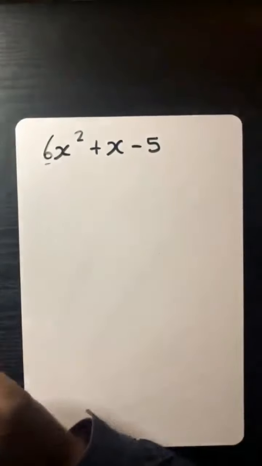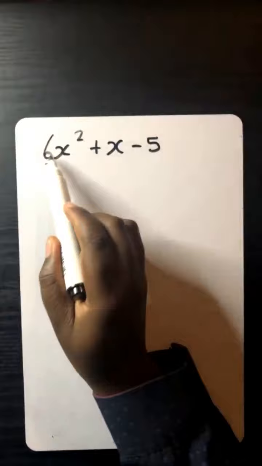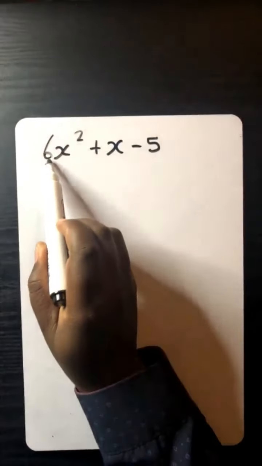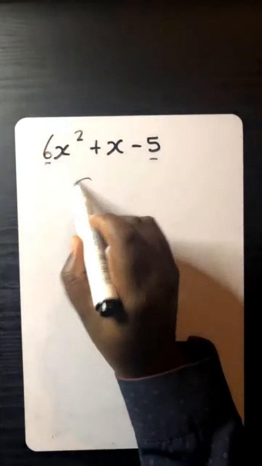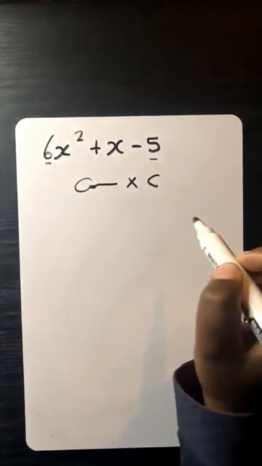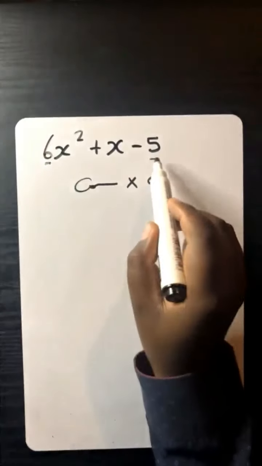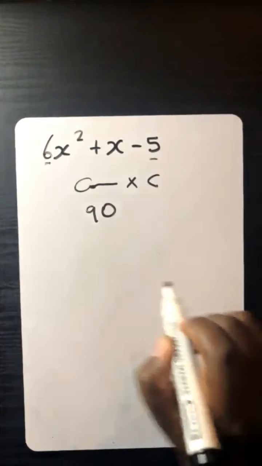From what I've noticed, with this type where you don't have 1 there, but you have maybe 2, 3, 4, whatever number as the coefficient, you multiply that coefficient by a constant. So it's more like a coefficient multiplying the c value or the constant. So that times that, I think it's 90.